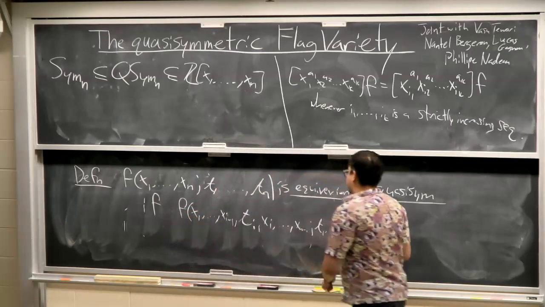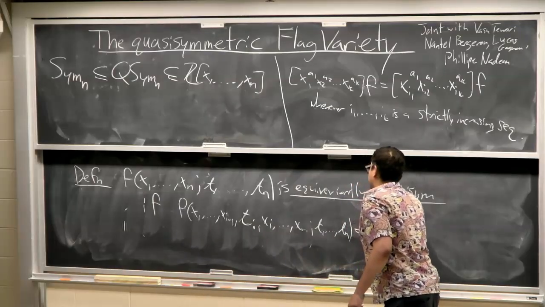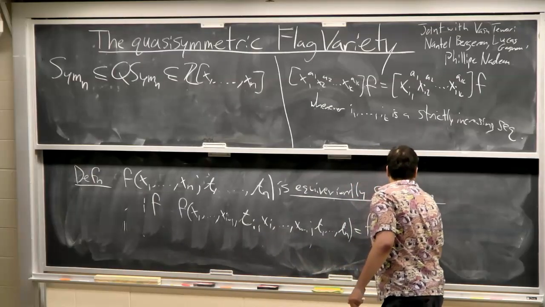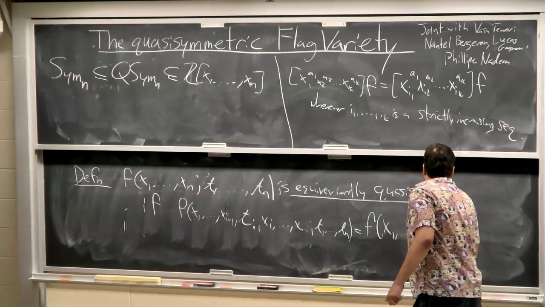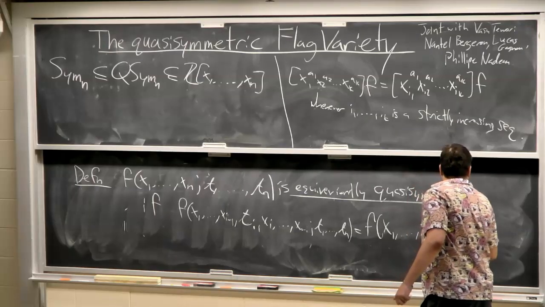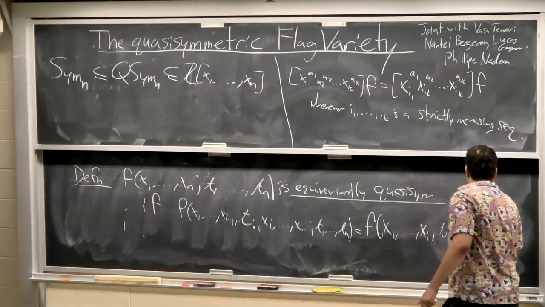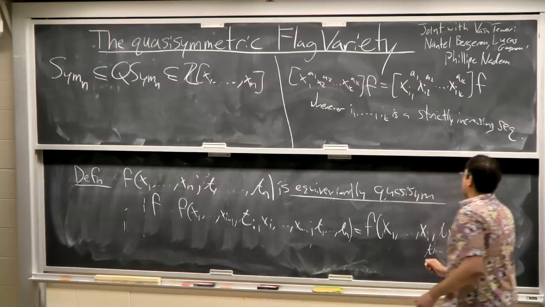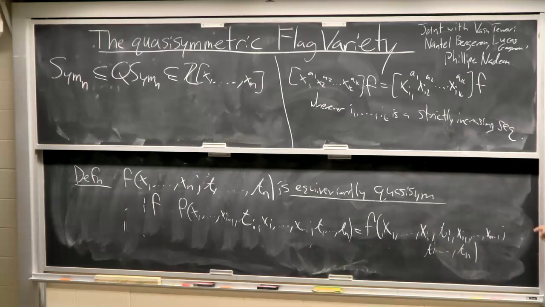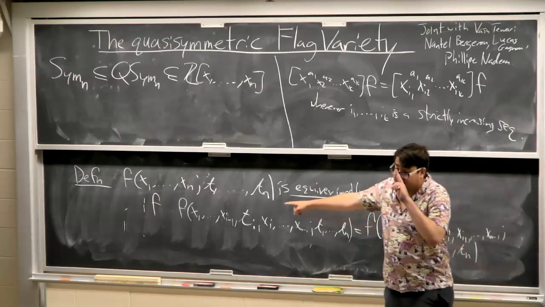This is exactly the same as sticking it into the I plus first spot: I, Ti, psi plus 1, xn minus 1, T1 through T. Okay, so this is kind of a restricted form of symmetry.